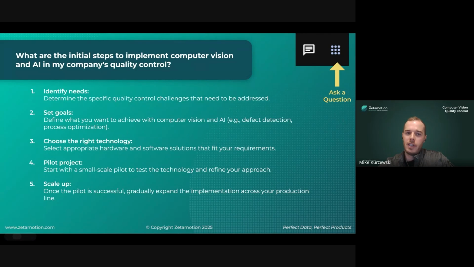But also, in starting small, you need to ensure that there's clear steps to scale up once you've completed that pilot project, and also clearly define the goals of that pilot project, so you know what it needs to achieve, and you can start scaling that up after the fact.